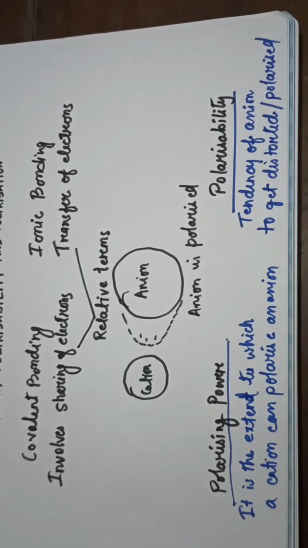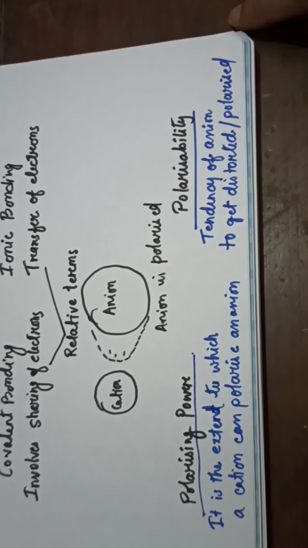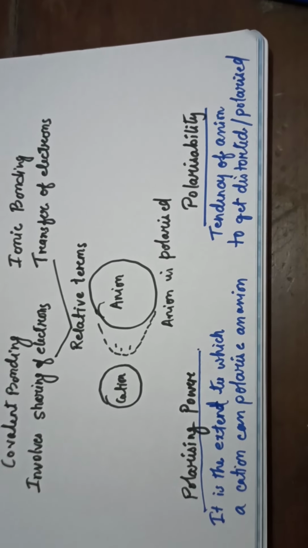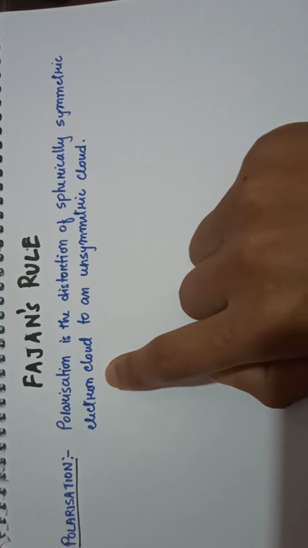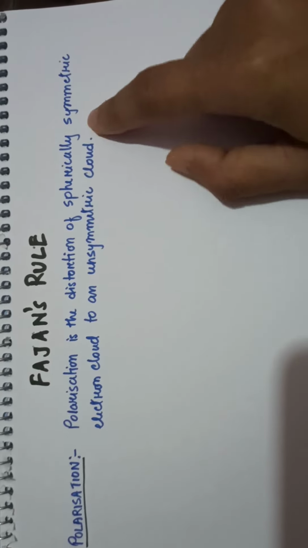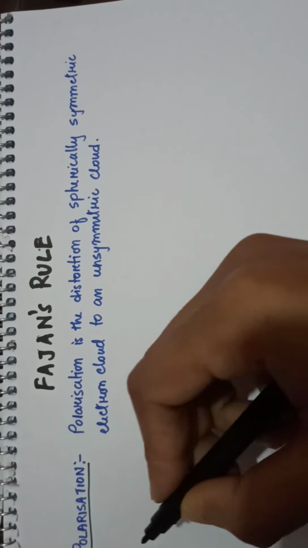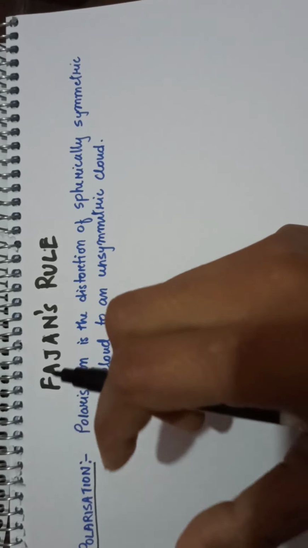Now, because of these two terms, polarizing power and polarisability, we will have polarization in an ionic compound. So what does polarization mean? Polarization means the distortion of a spherically symmetric electron cloud to an unsymmetric cloud. And due to polarization, sharing of electrons occurs between two ions.